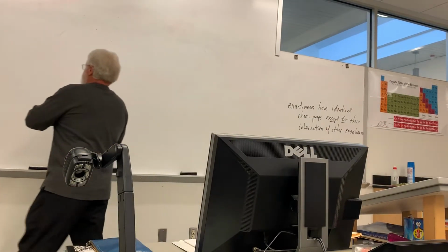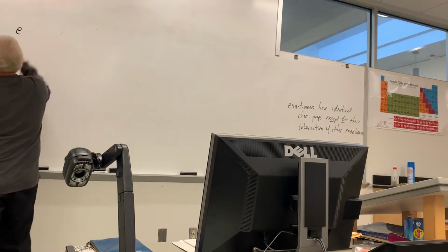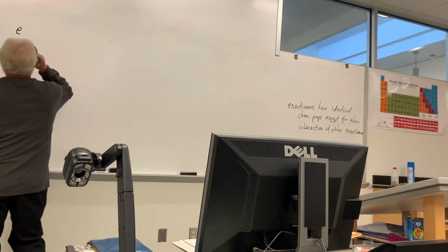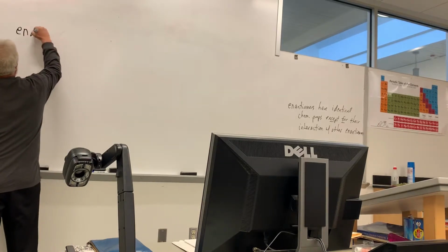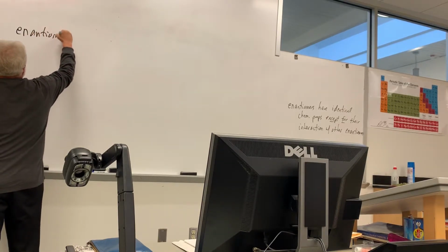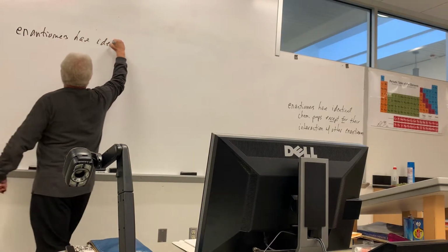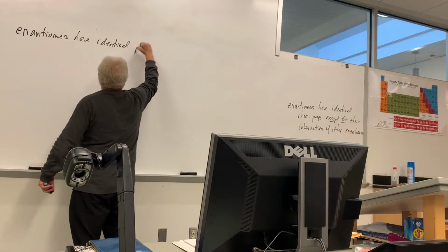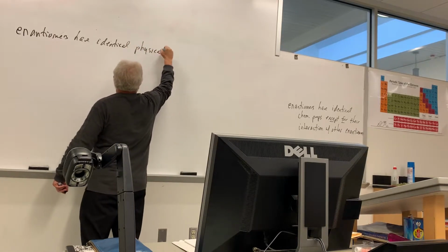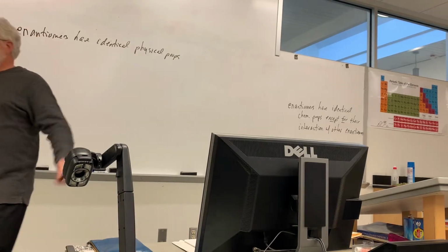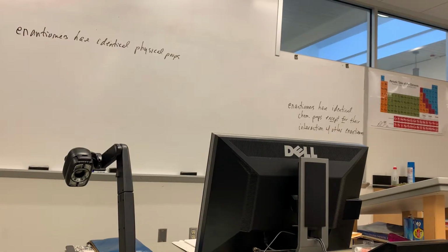Okay, here's another statement. We're not going to get into this yet, we will tomorrow. Enantiomers have identical physical properties. A pair of enantiomers: boiling point's the same, melting point's the same, water solubility the same, color the same, everything the same.